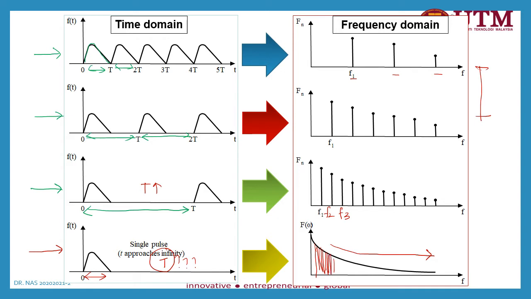So you can't even know which harmonic is which, due to the very high value of T. Therefore, the F is getting very, very small. So you cannot represent each single harmonic. Okay, so that's why when T approaches infinity, the spectrum will appear as continuous lines.